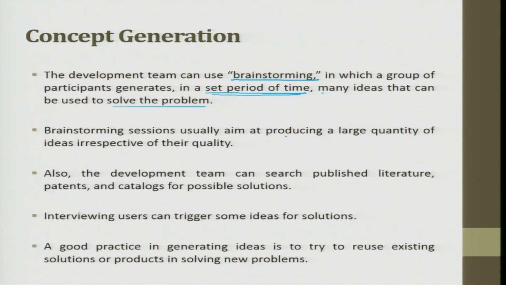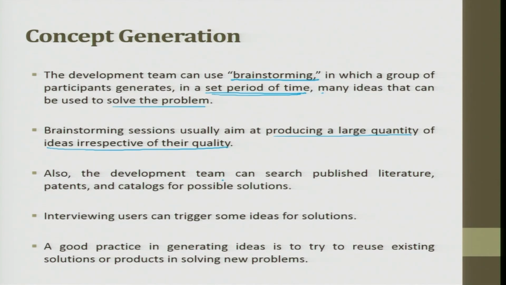Brainstorming session usually aims at producing a large quantity of ideas irrespective of their quality. They do not look whether it is feasible or not feasible. First write down all the ideas which come, and then we start putting a filter or a lens, we start looking at it, and then we cut down all those things which are not serving any purpose.